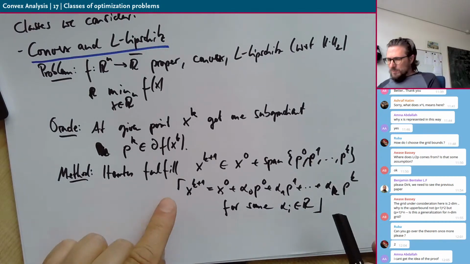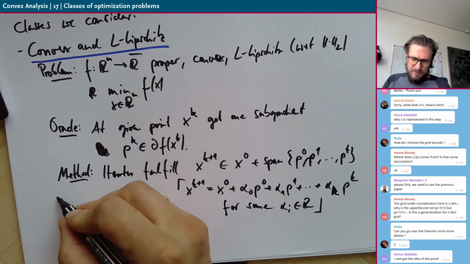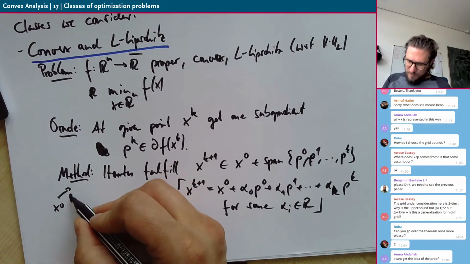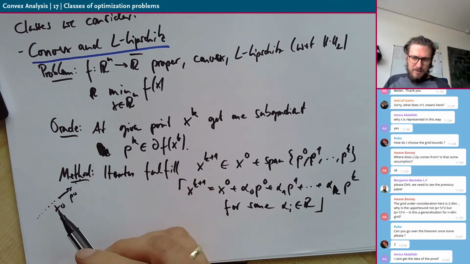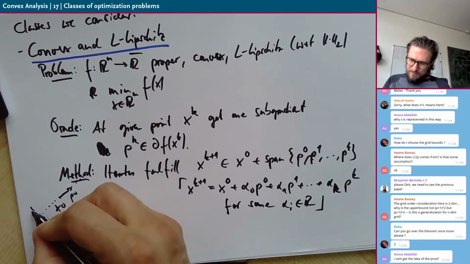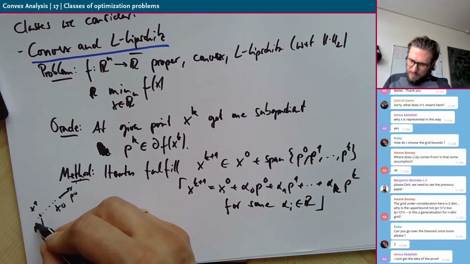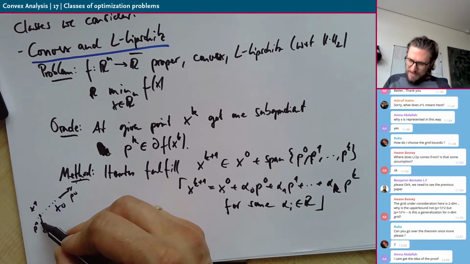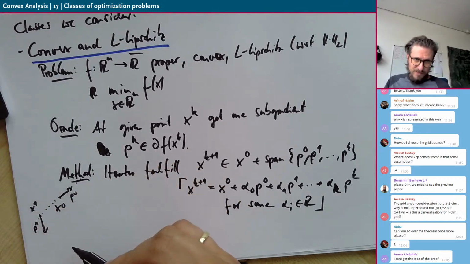So in other words, we are only allowed to move in the directions of the subgradients we have already seen. So if we are here, this is our x0, and this is where our subgradient points to, we are only allowed to search on this line. So probably we would end up over here, because for some reason we find this is the best thing. Then the subgradient may point here, and then we are allowed to move in this and that direction simultaneously, so we may explore a two-dimensional search space over here in the next iteration.